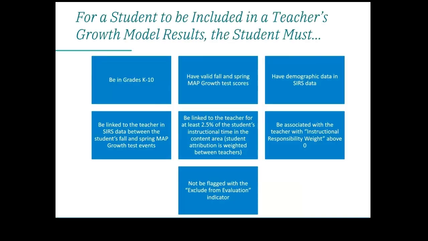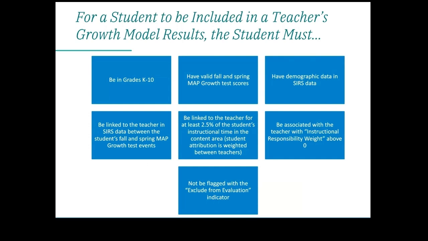Another box slide here about which students are included in the results. For the growth model, again, K through 10 are the grades we're covering here in the analysis. This time, in order to be included, a student must have both a fall and spring MAP growth test score, but it doesn't have to be with the SIRS day, the BEDS day.